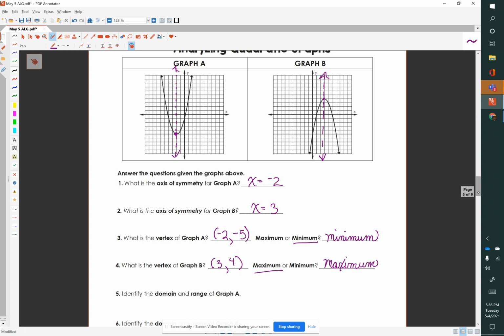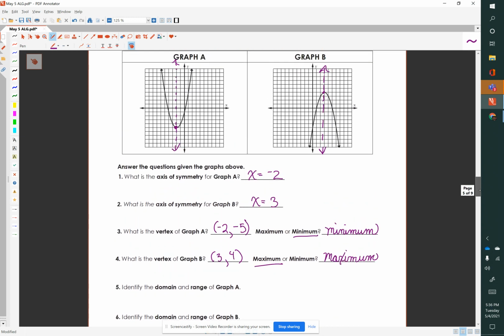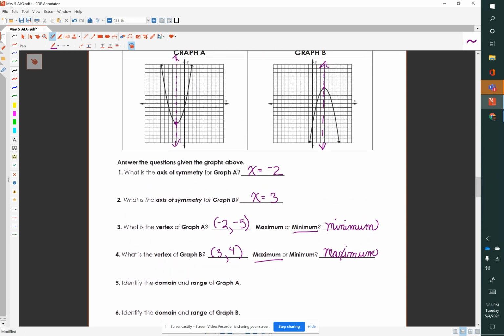Okay, so the domain and range of graph A: the domain is all real numbers, and the range is all the values of y such that y is greater than or equal to this point here, which is -5.